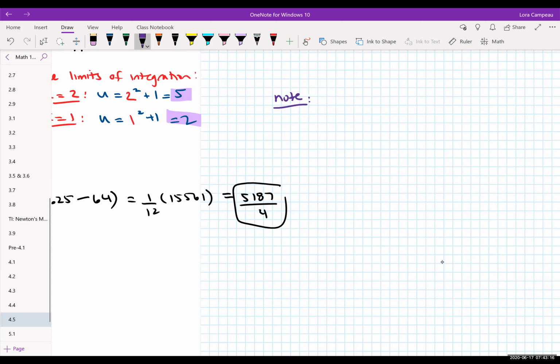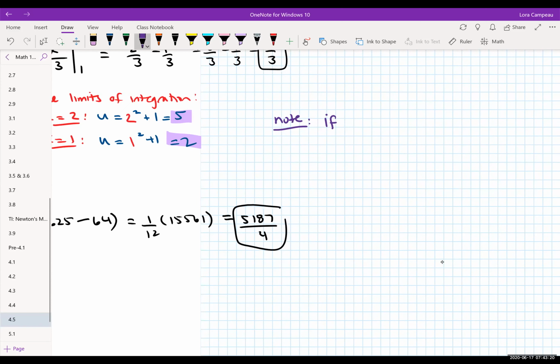But a little note, if you don't replace the limits of integration at the beginning, if we don't do this at the beginning, what's our problem going to look like?